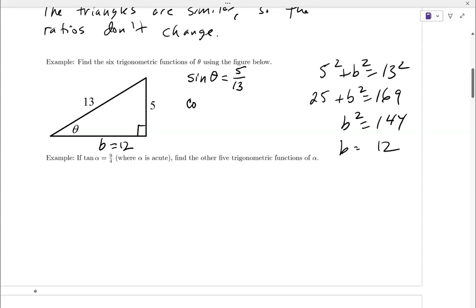Cosine of theta is going to be what? 5 over 13. Tangent of theta is going to be 5 over 12.